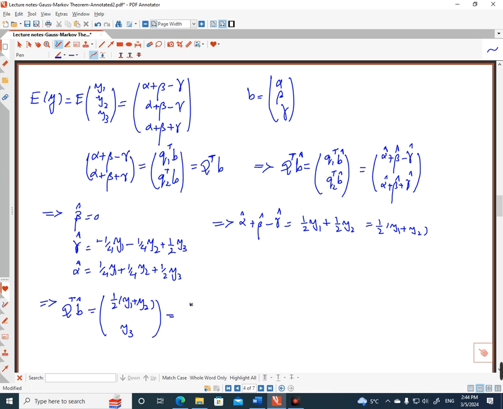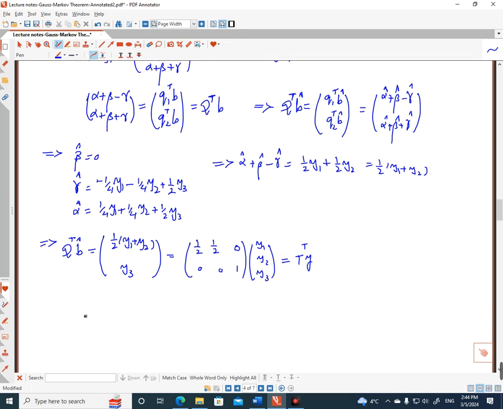I can of course write it as half element-wise this matrix as the coefficient matrix with y1, y2, and y3, which is T prime Y. So the expected value of T prime Y is Q prime B. Here, if you look at this, we have a vector which is expressed based on the elements of y.